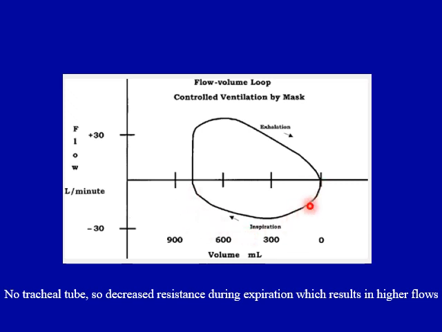So there is somewhat of an error in this slide. Okay, followed by this is the exhalation. Because there is no endotracheal tube, there is decreased resistance to exhalation, so higher flows are seen during exhalation.